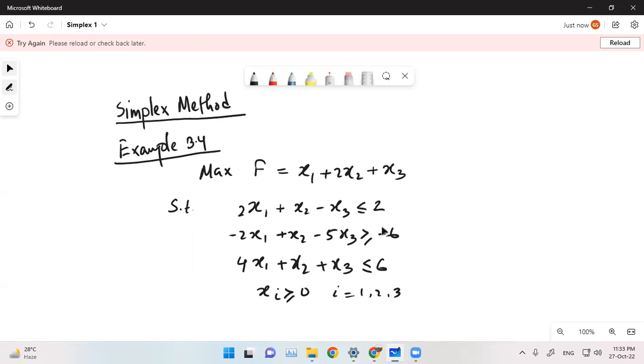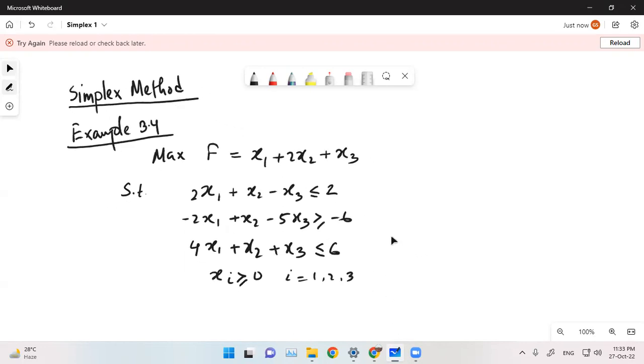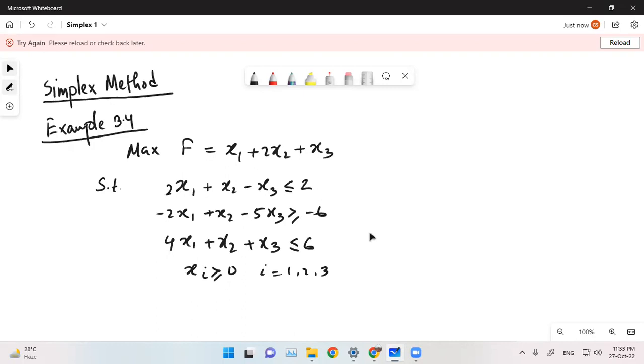One thing we have to keep in mind is that whether it is a maximization or minimization problem, we'll always try to take the variables, that is x1, x2, x3, to the side where they will have a negative sign.